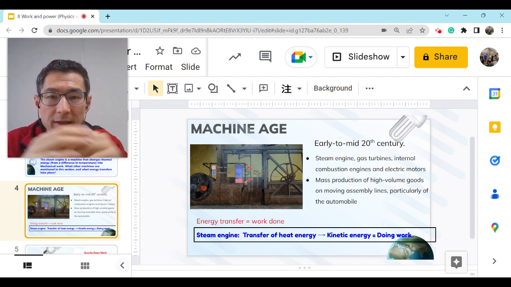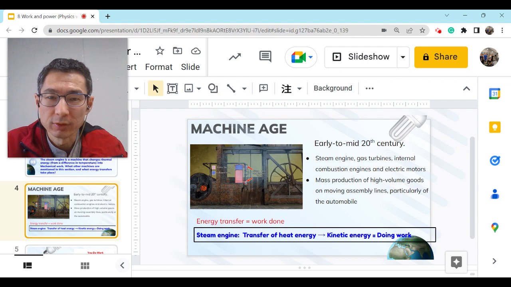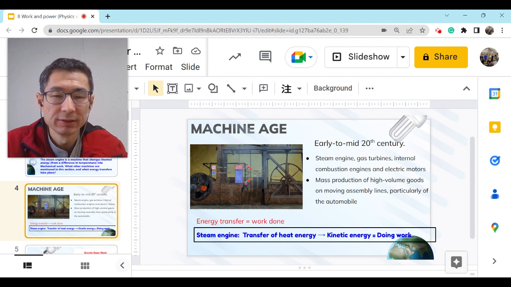And while doing that, it does work. The machine does work. So the definition of doing work is transferring energy from one form to another form.